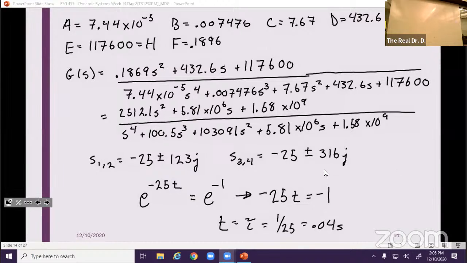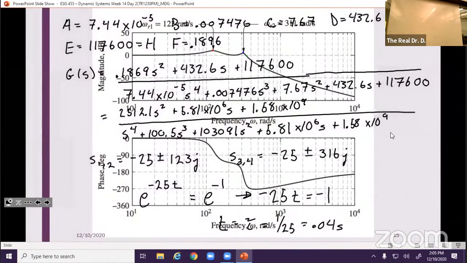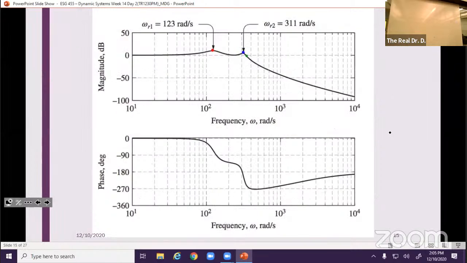What about the Bode diagram? That's the last part we need to talk about. If you do the Bode diagram in MATLAB, you should get something that looks like this. We've got 2 peaks. We didn't talk about it, but why do we have 2 operating frequencies? Well, you've got 2 masses.